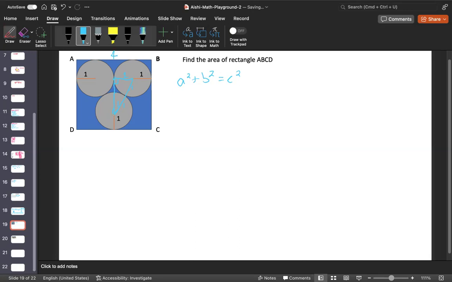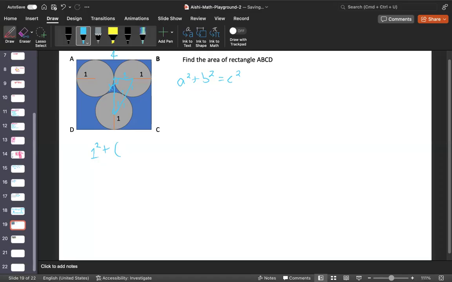So we have 1 squared plus, let's call this tiny little part x, because notice how this part is sort of overlapping in the radius. We need to find this to find BC.